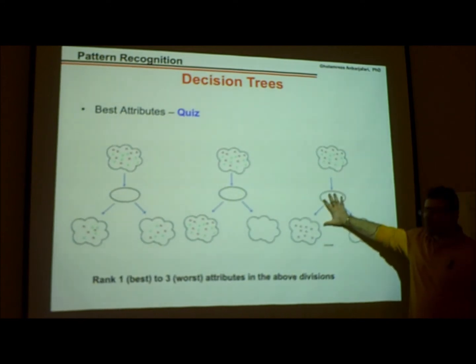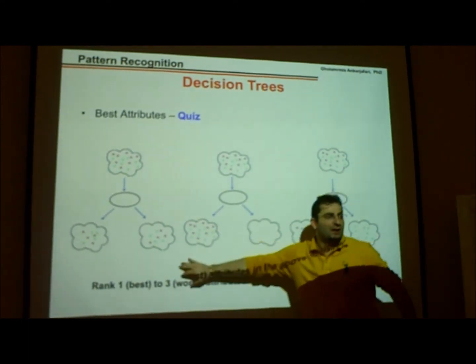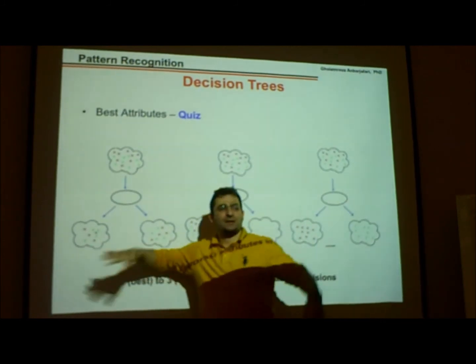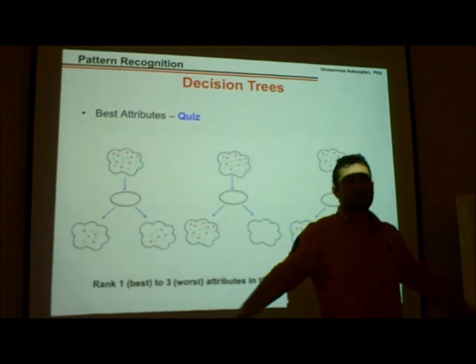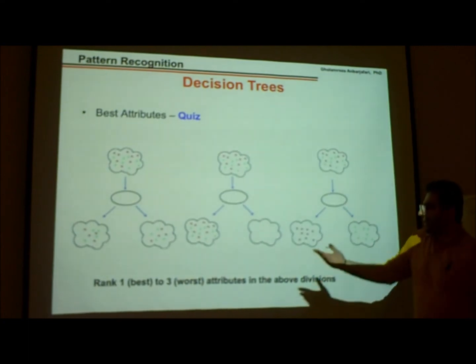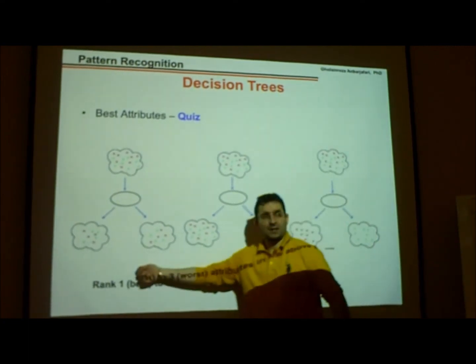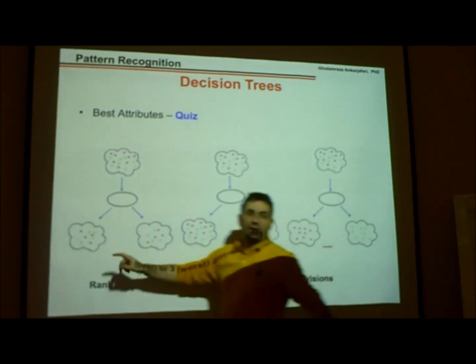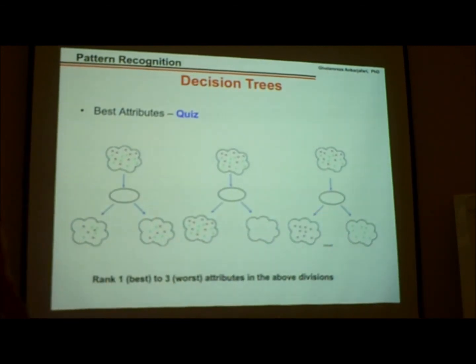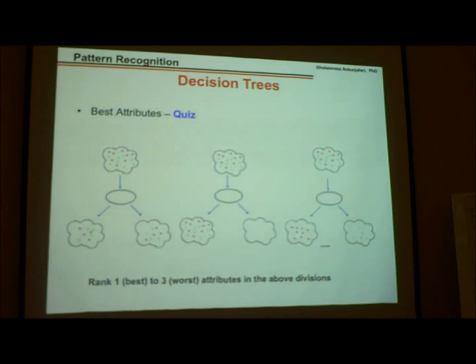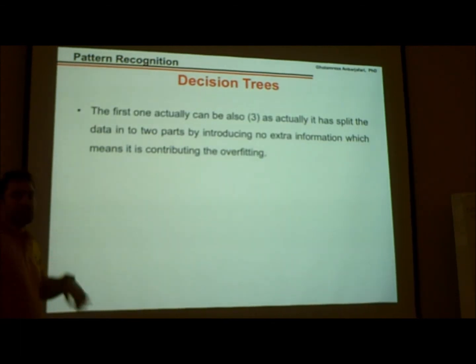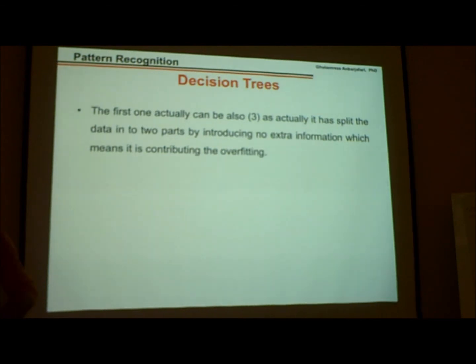I need to use this solution only once in here to get to the answer. But in here, I need to use it twice because I badly split my data into 2. So we can consider this one as 3, this one as 2. If I want to mark it, I call it 1, 3, 3, because we understand what the problem is that it causes. As I said, that one is causing overfitting.